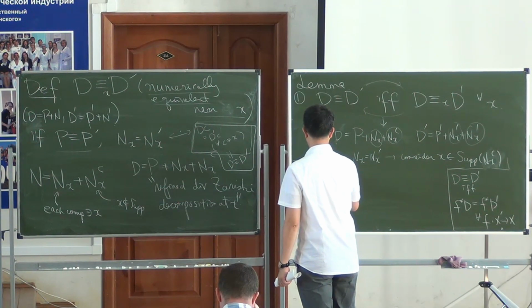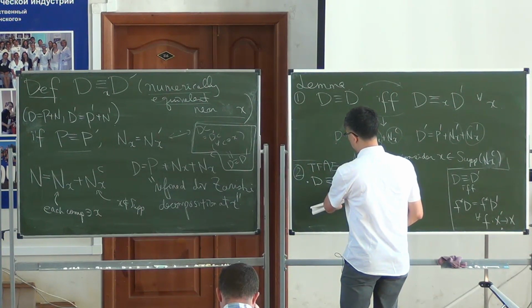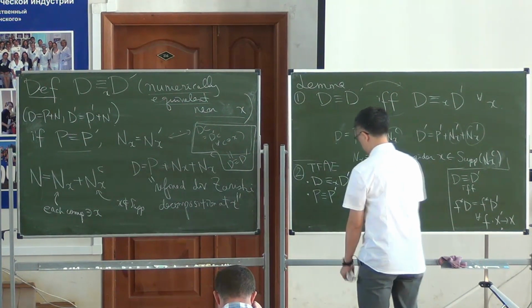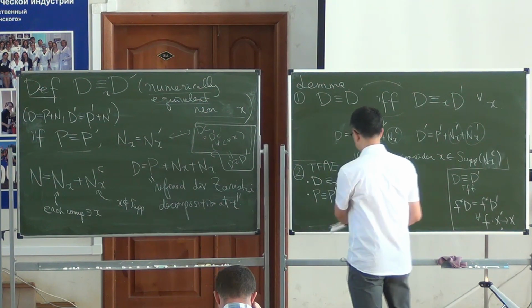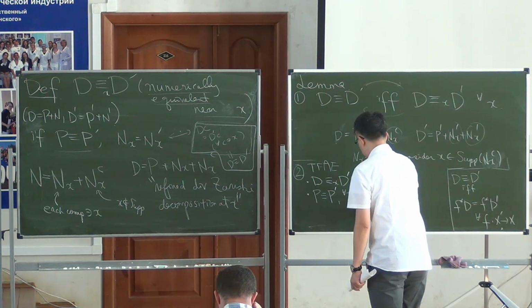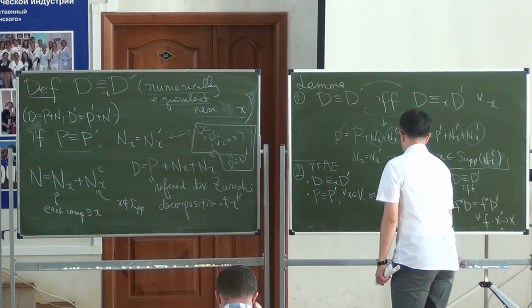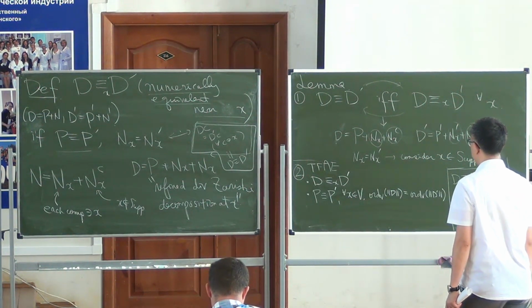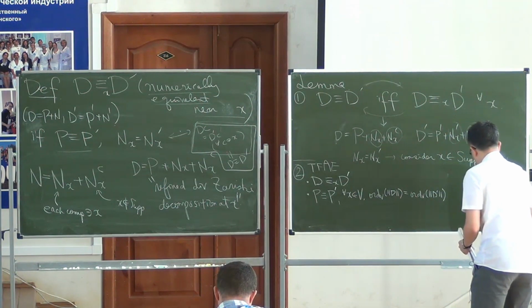So the following are equivalent. D and D' are numerically equivalent near x, and P. Next one is, for any V containing x, where V is an irreducible subvariety containing x, then order_V(D) is order_V(D').